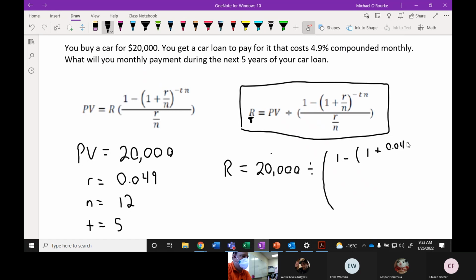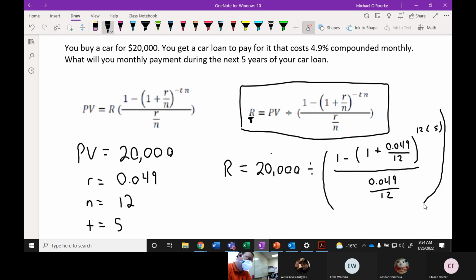This one might work. Yes. That's the same method. A little bit different because we got to go 1 minus this. Oh, it's negative. Sorry. There's a negative up here in the equation. Remember that.